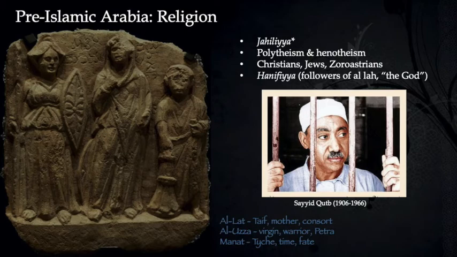Al-Uzza was seen as a kind of Athena figure, a warrior, a virgin associated with the Hashemite town of Petra. And Manaf, further north as well, almost in the Ghassanid kingdom, had a shrine and was associated with fate and time and destiny. These 3 were seen as the daughters of Allah.